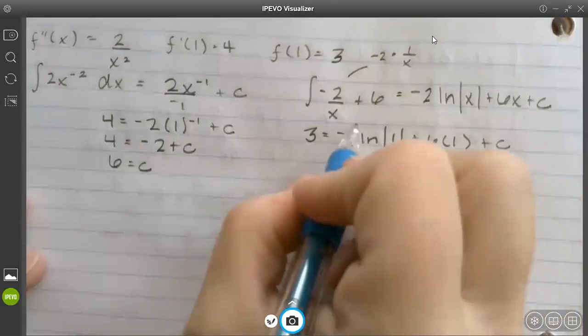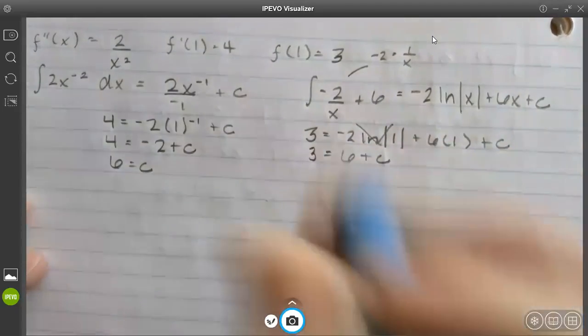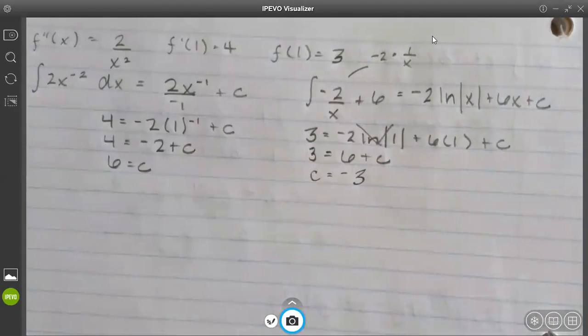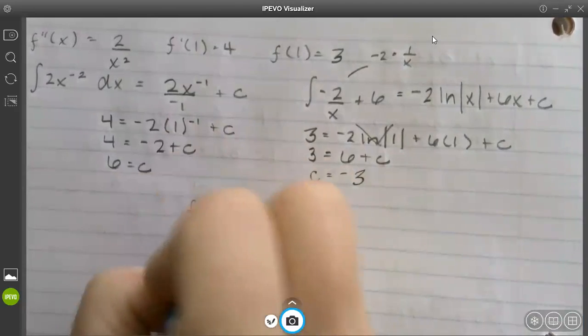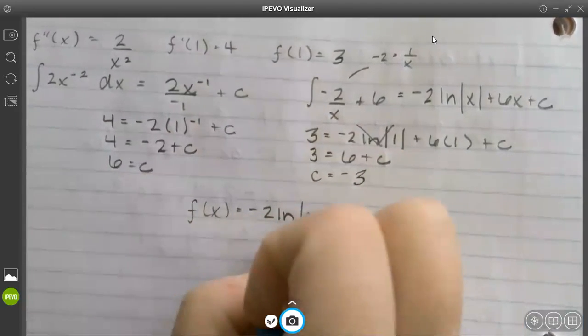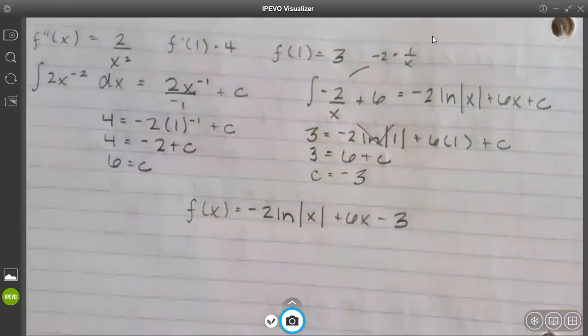So this cancels out. That gives me 3 equals 6 plus C. So C equals -3. So our function is -2 ln absolute value of x plus 6x minus 3.